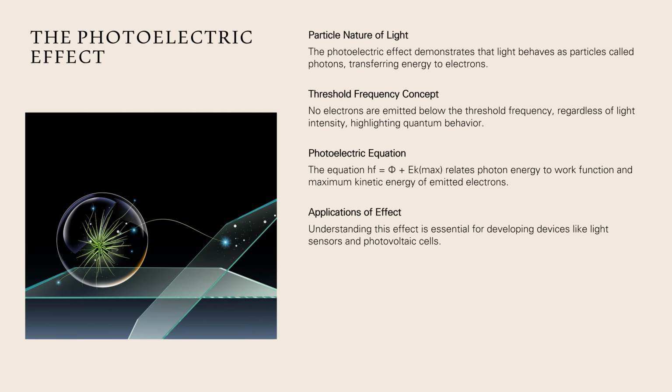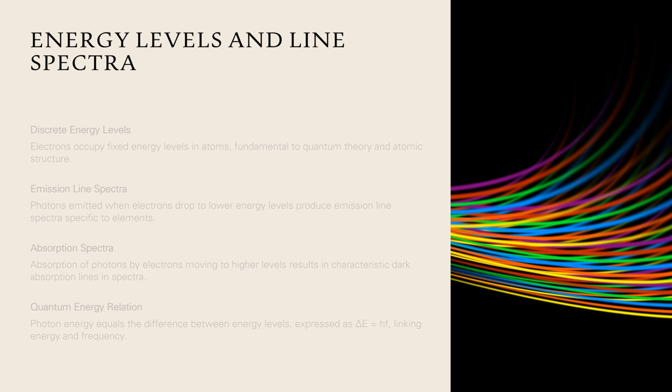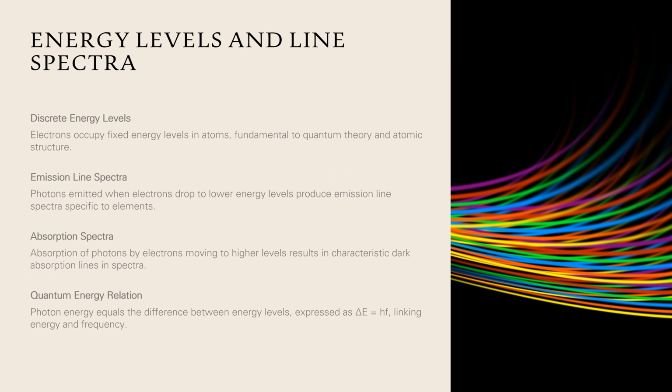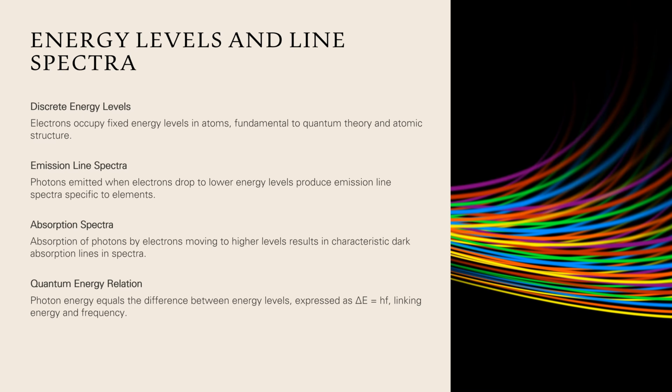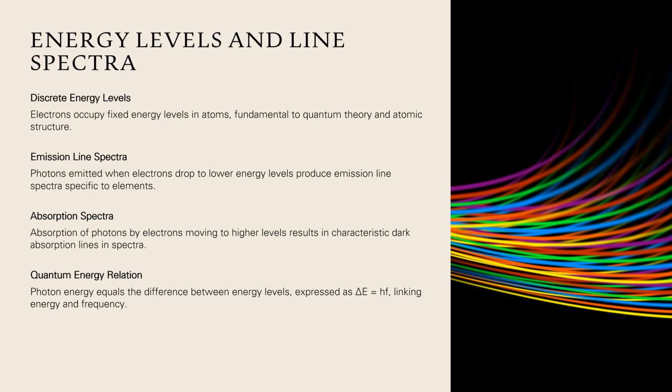The photoelectric equation, hf equals phi plus Ek,max, relates photon energy to the work function of the metal and the maximum kinetic energy of emitted electrons. Electrons in atoms occupy discrete energy levels, and transitions between these levels result in the emission or absorption of photons with specific energies. When an electron falls to a lower energy level, a photon is emitted, producing an emission line spectrum.